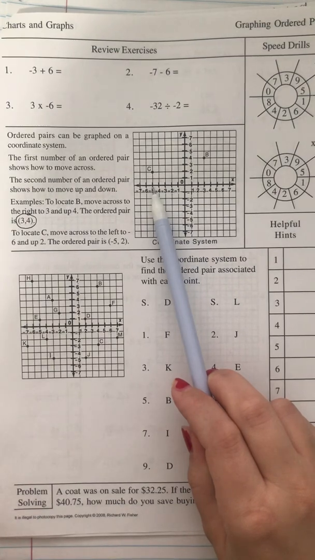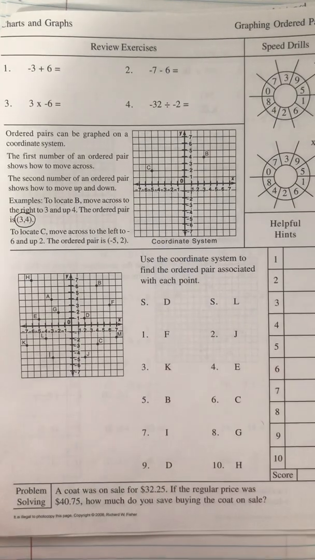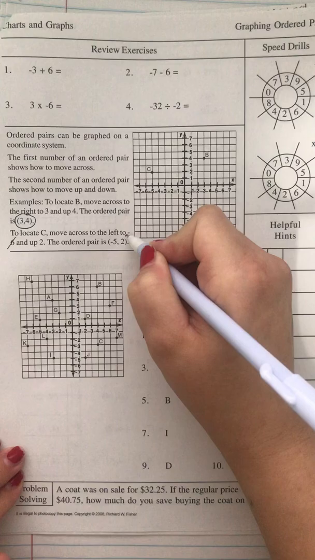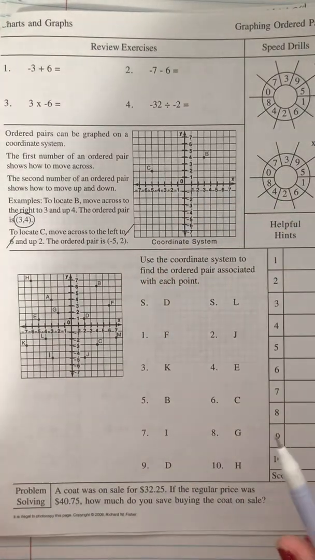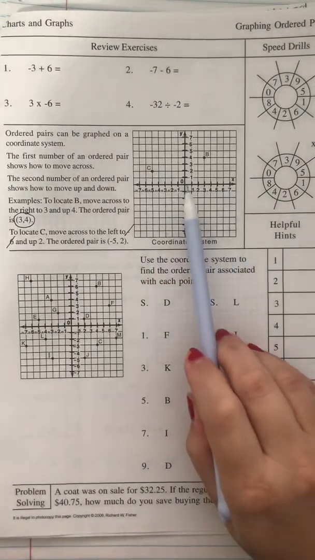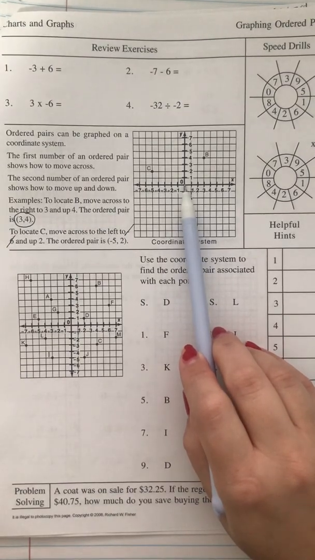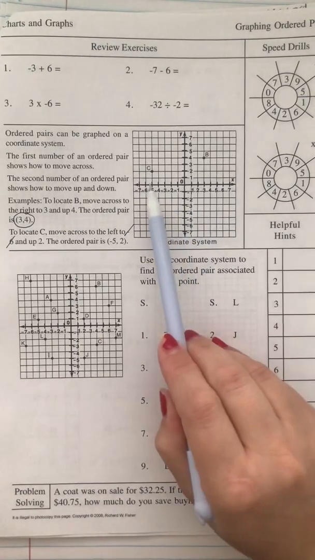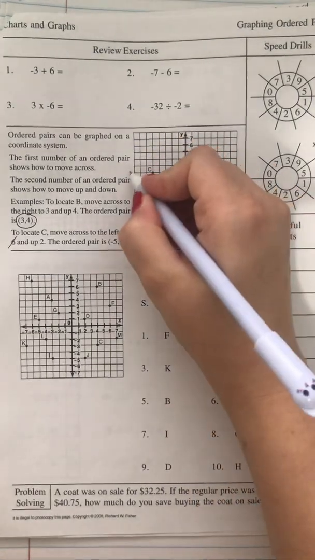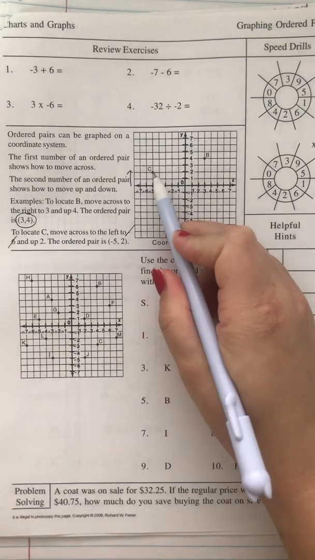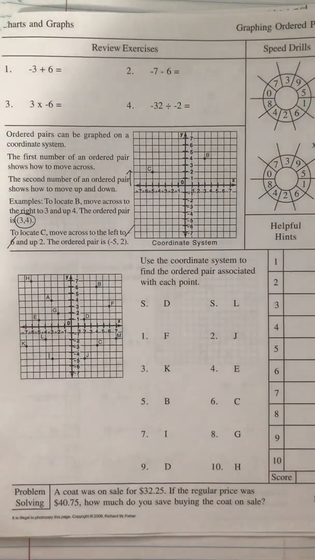We would have to move to the left by 5, not 6. So this book is actually mistaken, because we only have to move by 5. And then we have to move up by 2.